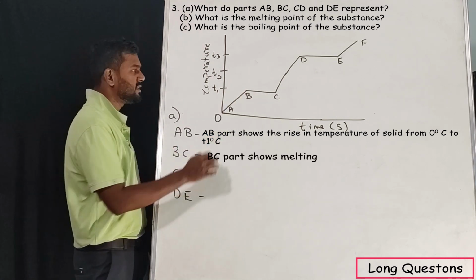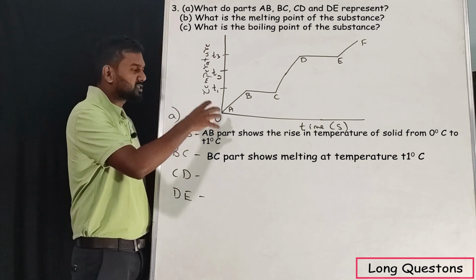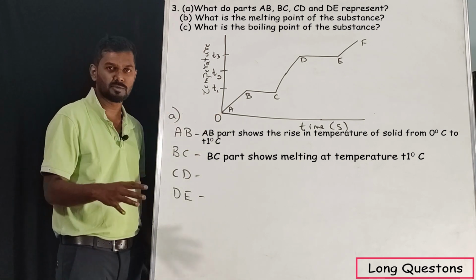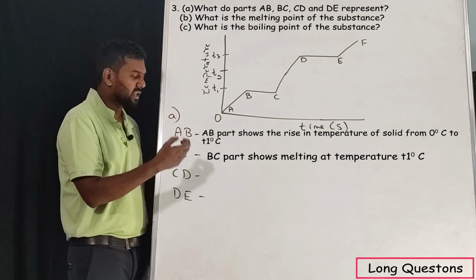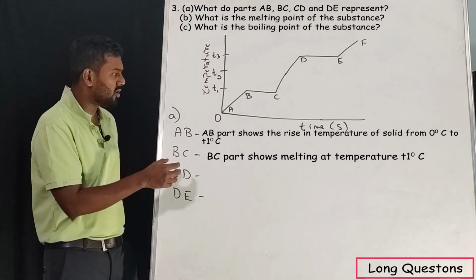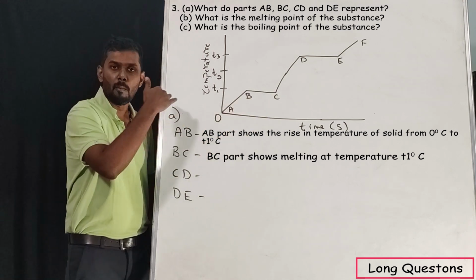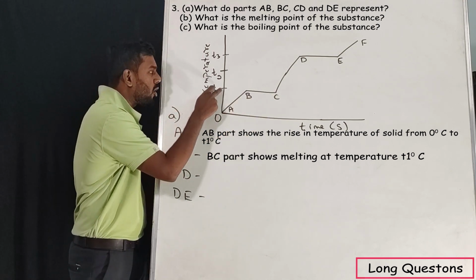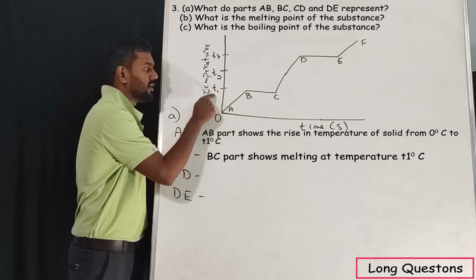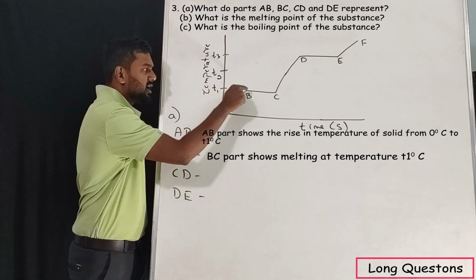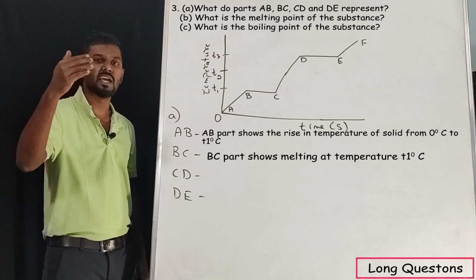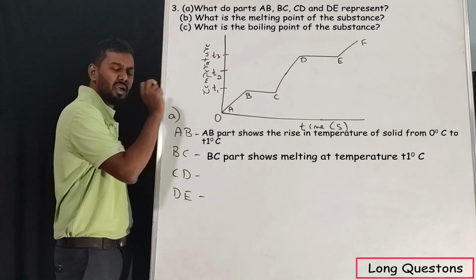So BC represents melting of a substance. In this question they have not specified any substance, so we are assuming it as ice. You should not write it as ice. So BC represents melting of a substance at constant temperature T1. Whenever there is a change in phase, the temperature will be constant.